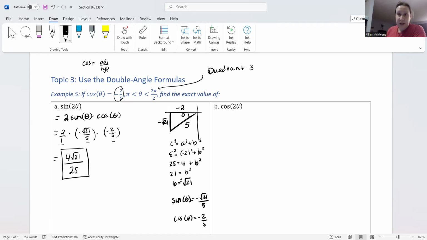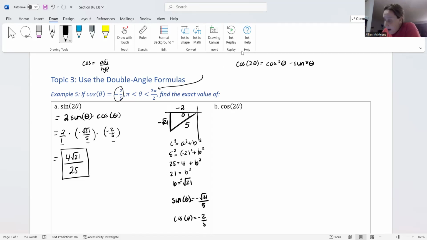Now, you can use any of the three double angle formulas for cosine. So just as a quick reminder, we have that cosine of 2 theta equals cosine squared theta minus sine squared theta. So that is one of the formulas.